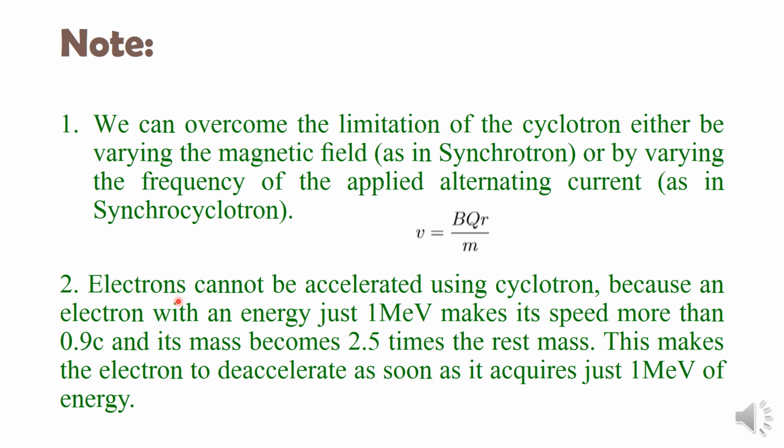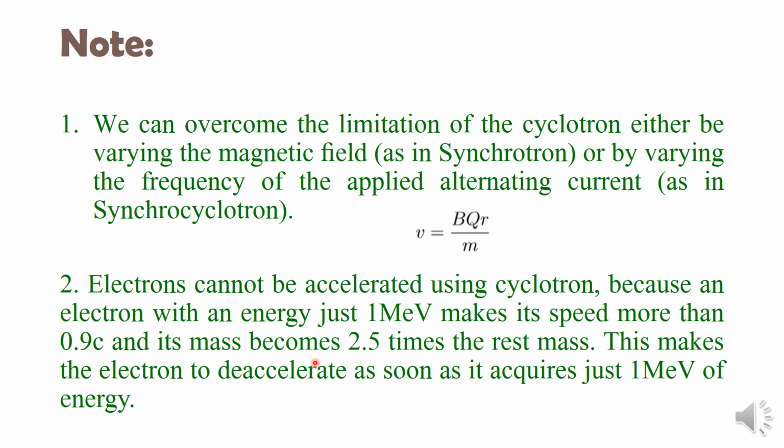Now this is one more important note. Here you cannot accelerate electrons using cyclotron. Electrons are very light particles. Therefore, as soon as the electron acquires an energy equal to just 1 mega electron volt, the velocity of the electrons becomes very, very high, almost equal to 0.9 times the velocity of light.